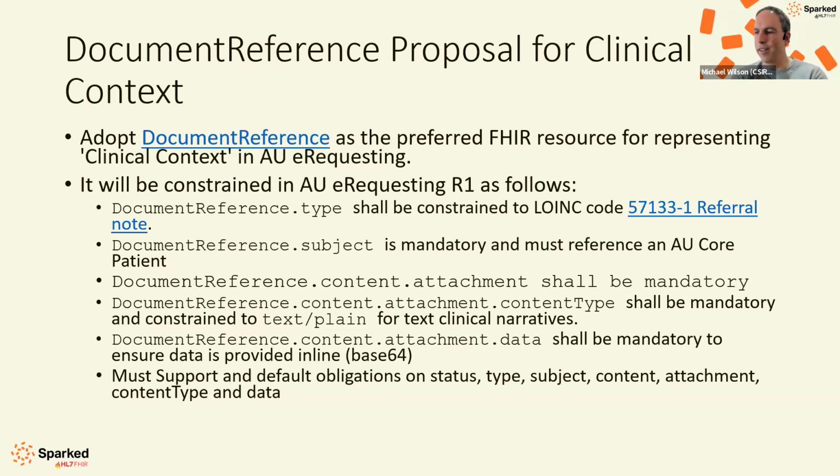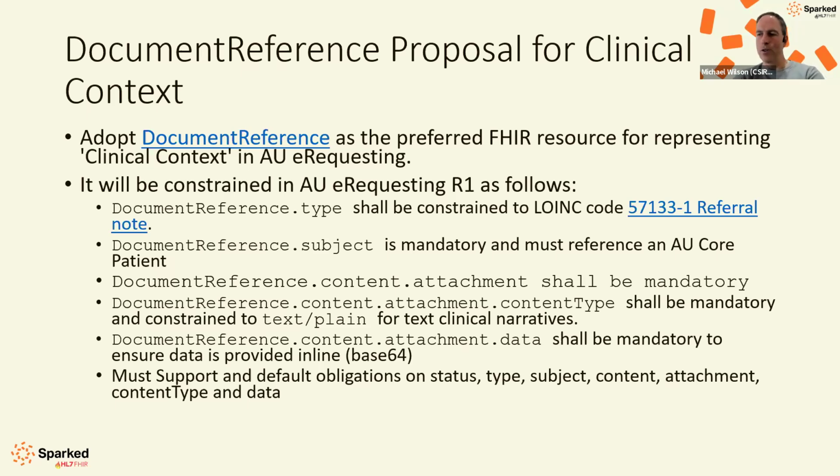For R1, right? Obviously, we can remove that constraint at any time, but for R1, we don't want anything that's not text. And then we would have to make the content attachment data mandatory to ensure that that content is provided inline in base 64. It doesn't go and reference a document sitting somewhere else on the server. It would be included in the resource as base 64 encoded data.